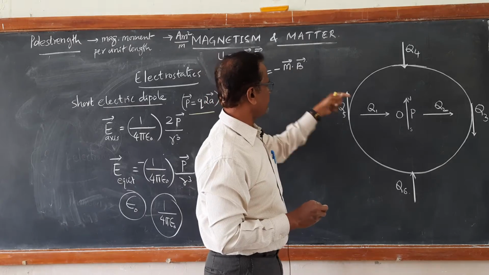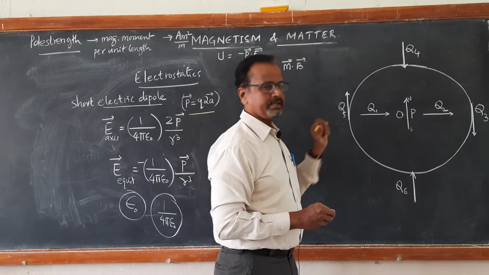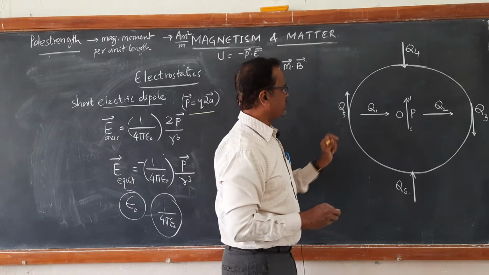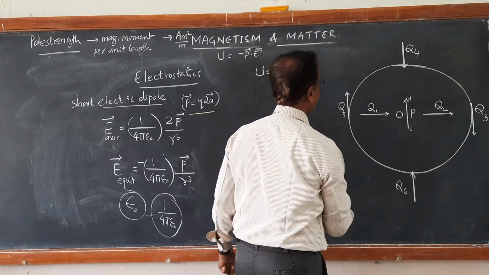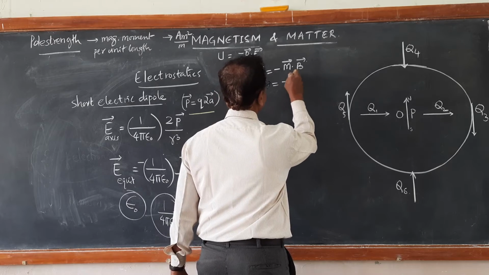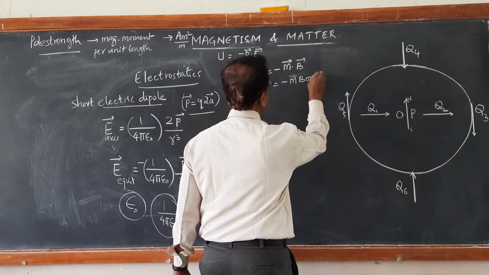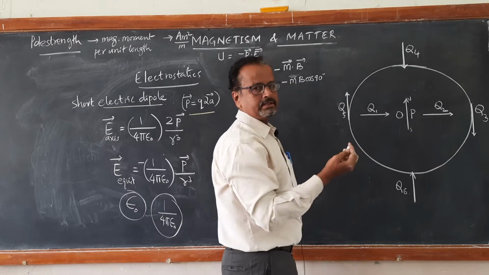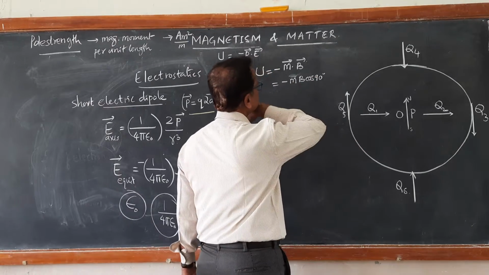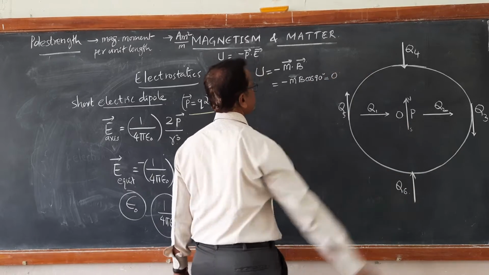Let us consider m is the magnetic moment of Q and B is the magnetic field of P. So the angle between these two is 90 degrees. So it becomes minus mB cos 90. Cos 90 is 0. Therefore, we get the potential energy to be 0.